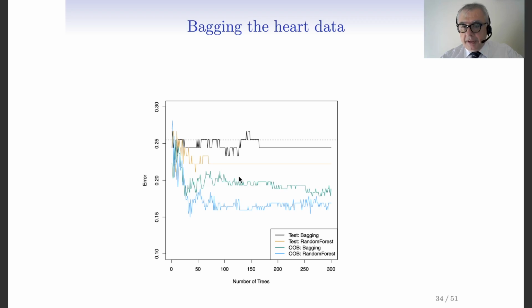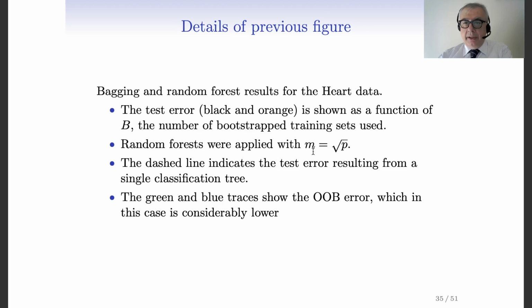And this is an assessment of the performance made by the out-of-bag method that I'm going to explain, and this is the result that I get on test data. So you can see that the improvement is quite marginal. This could be explained by what I was saying before, that the bootstrapped datasets are not independent.